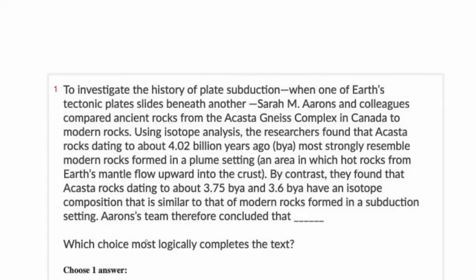So number 1, to investigate the history of plate subduction, that is, when one of Earth's tectonic plates slides beneath another, these researchers compared ancient rocks from this place in Canada to modern rocks. Okay, so we've got ancient and modern rocks.